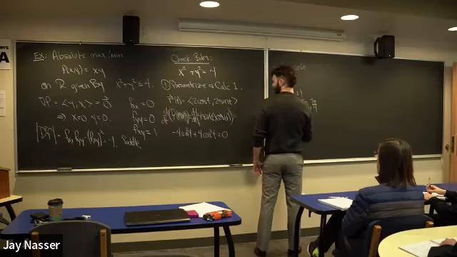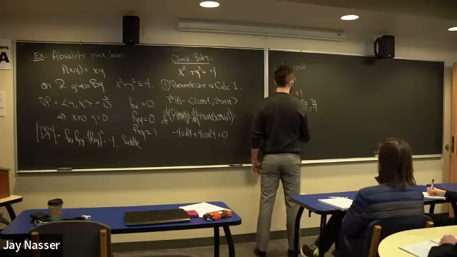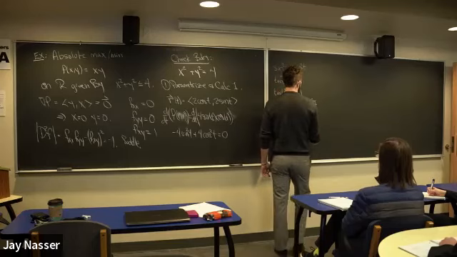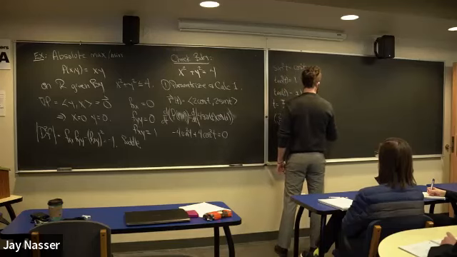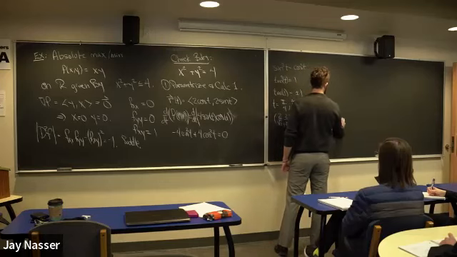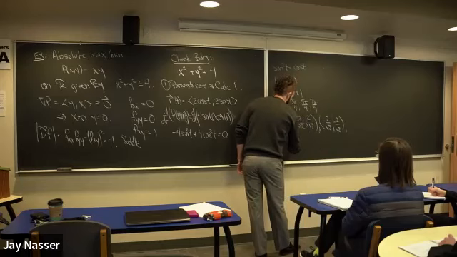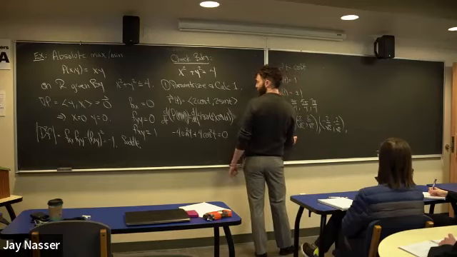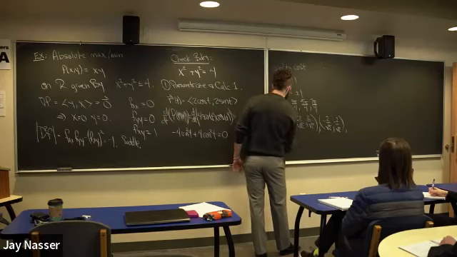For the second one, x is negative and y is positive, then both are negative, and then the last one x is positive and y is negative. Thank you.